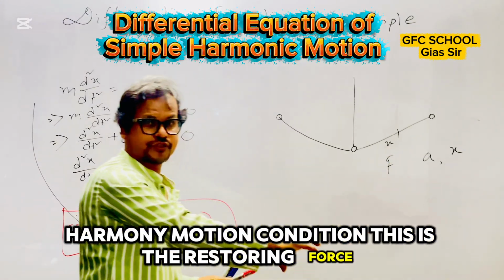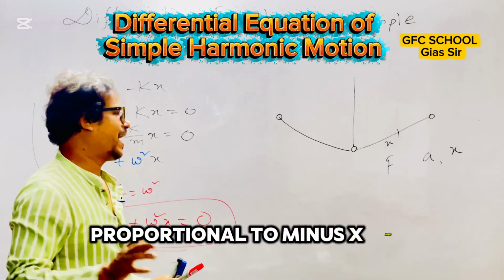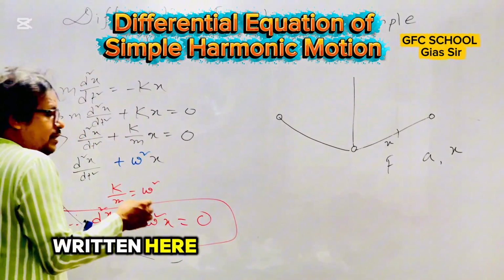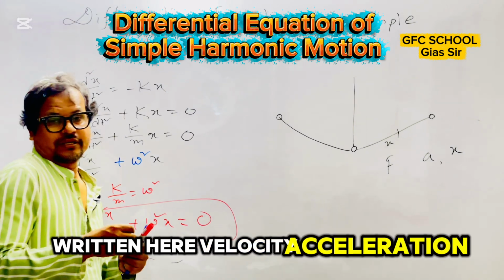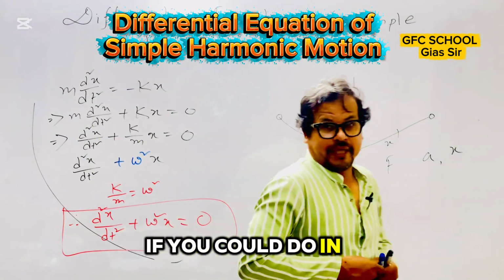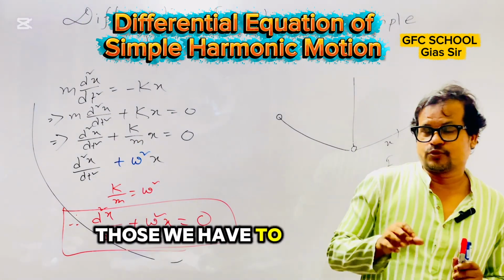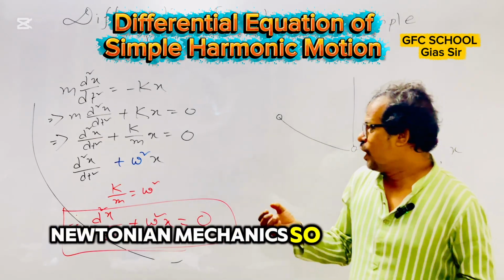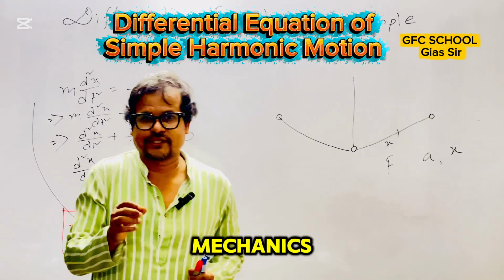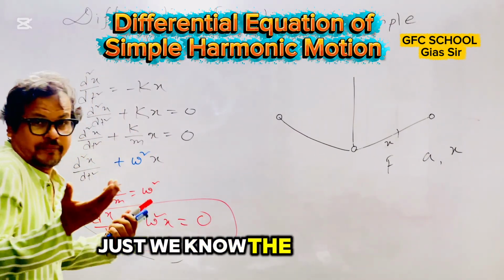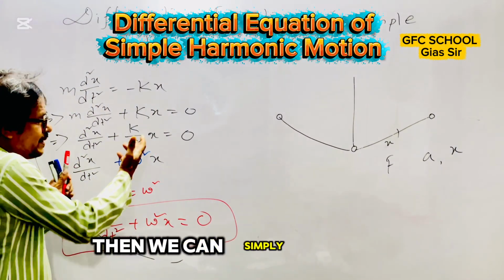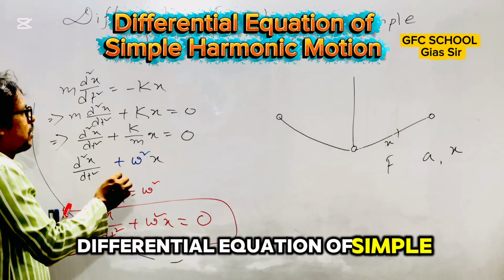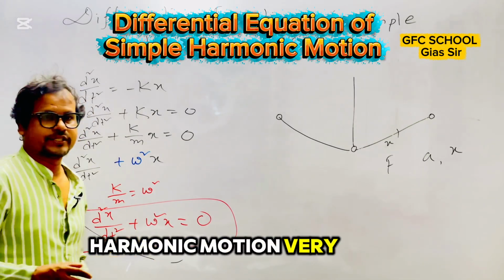This is a restoring force proportional to minus x, and what I've written here, velocity, acceleration, F equal to ma, those we have to take as concepts from Newtonian mechanics. So if you know the mechanics, then we can very simply derive this differential equation of simple harmonic motion.